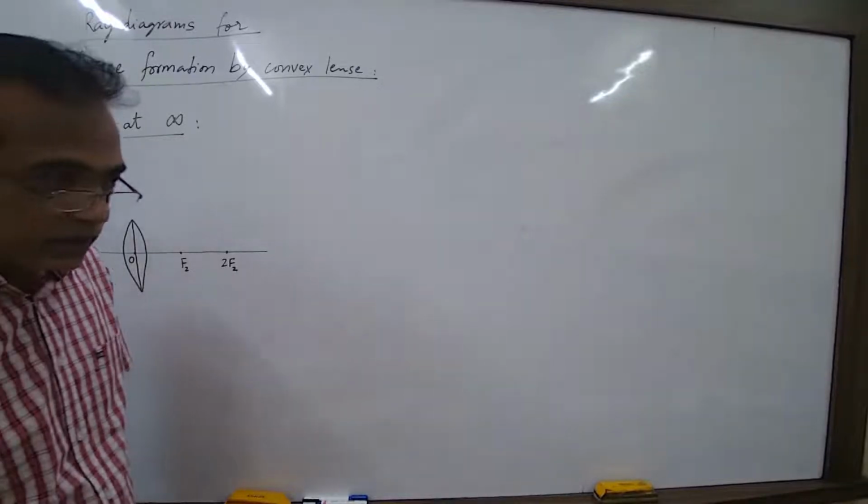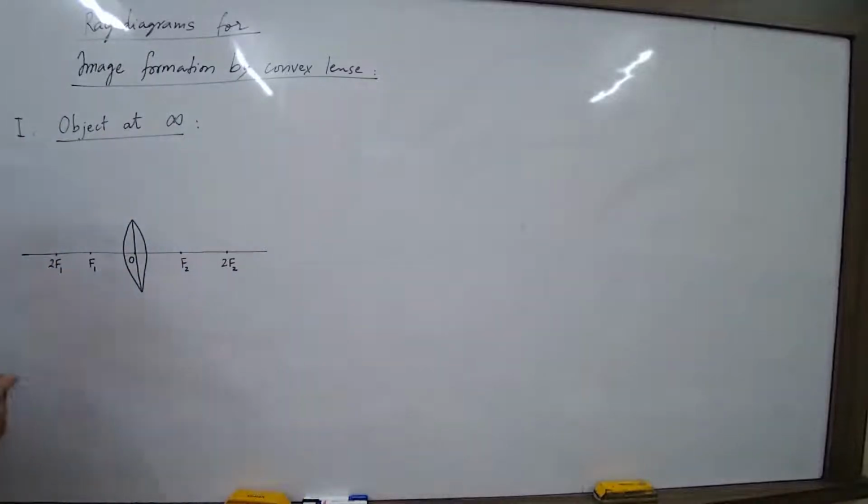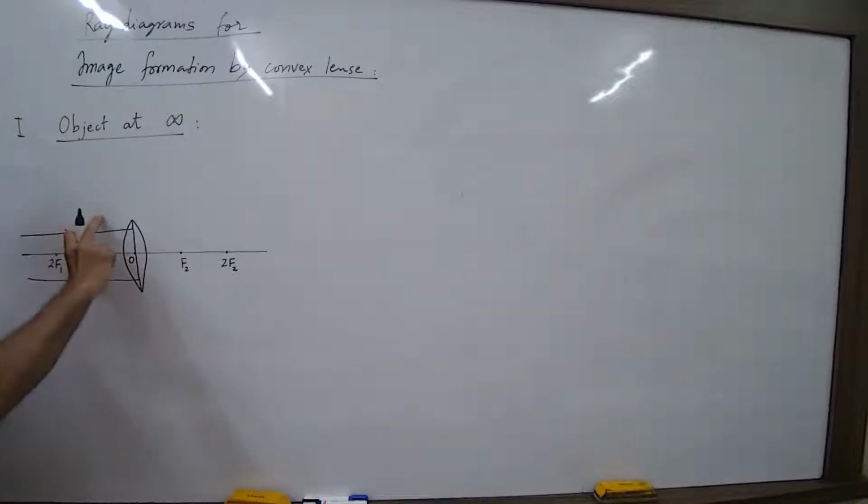When the object is at infinity, the rays will be parallel to the principal axis. So for image formation, this is one of the rays you will take: the ray parallel to the principal axis. Take a ray above and below. Whenever the object is at infinity, the rays will come parallel to the principal axis, and any ray which comes parallel passes through focus.